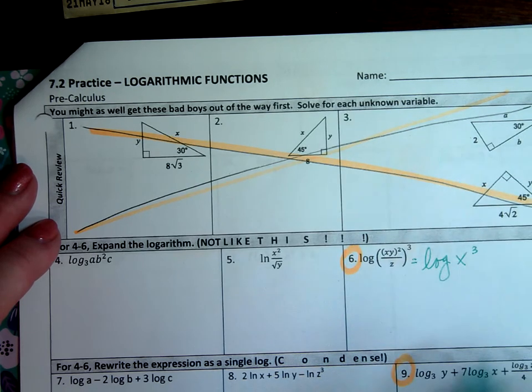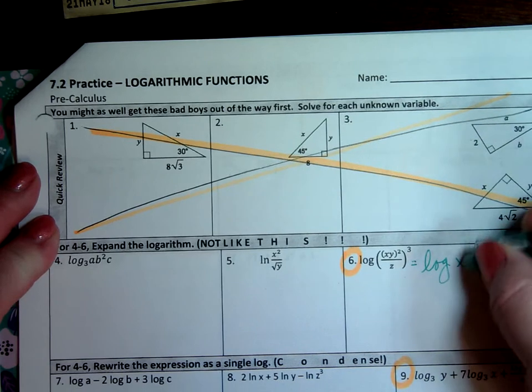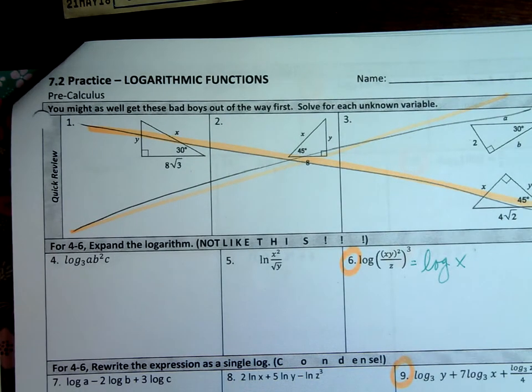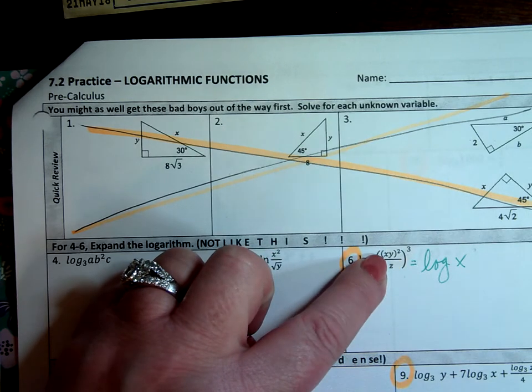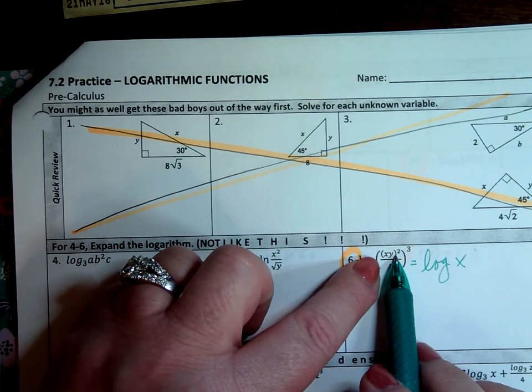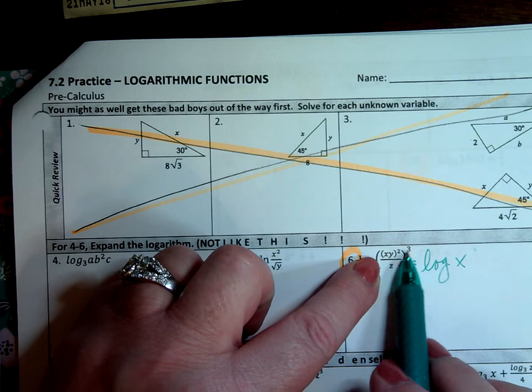I'm sorry, that's not true. Wait a minute. If I look at this, see how the square is outside the parentheses that include the x? That means the x is being squared as well as being raised to the third power. So if I'm squaring it and raising it to the third power, I'm really to the 6th power. That's better.